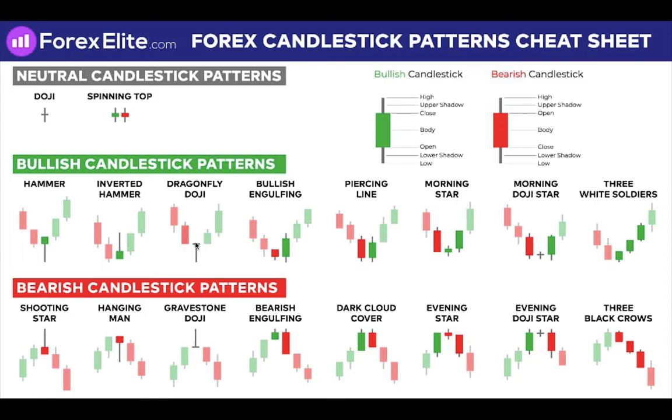Make sure that you don't confuse the dragonfly doji and the gravestone doji, because this means the opposite. When it is like this, it means the sellers are winning. But this one, it is the buyers who are winning.